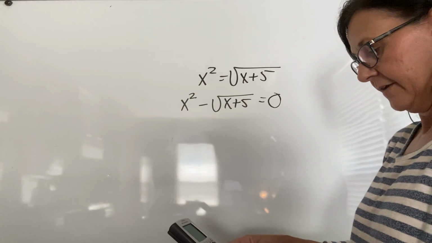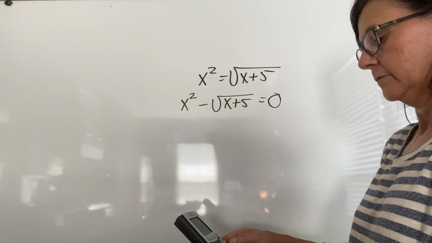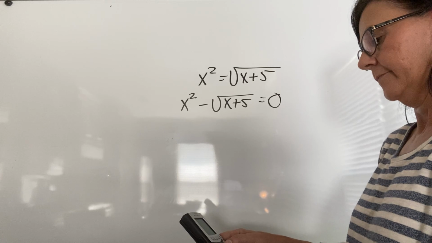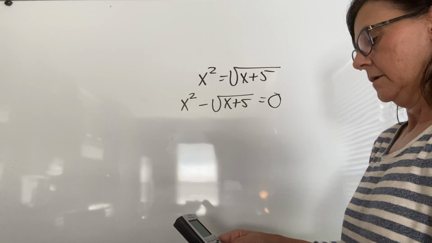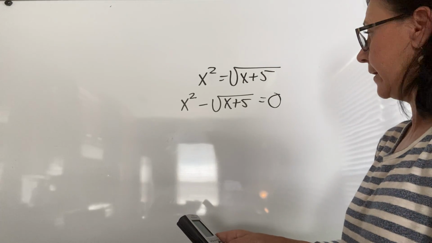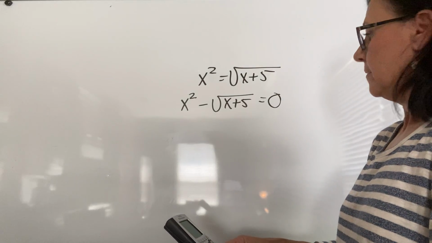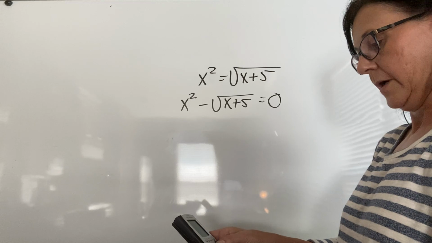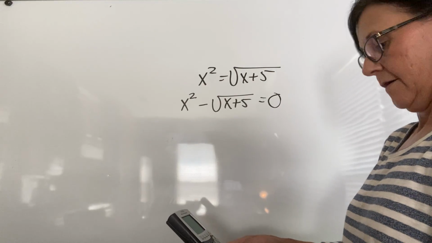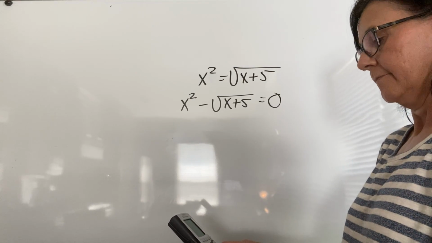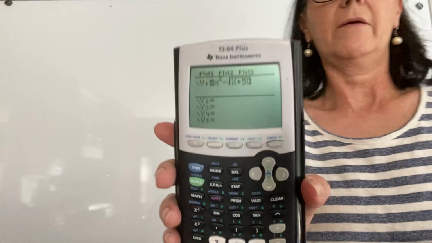Now I have to leave the square root. All right, x squared minus the square root of x plus 5. All right, so that's how I'm putting it in.